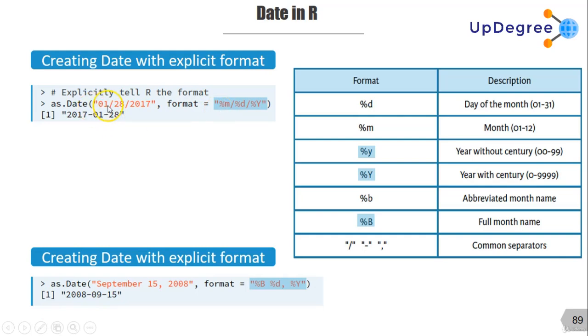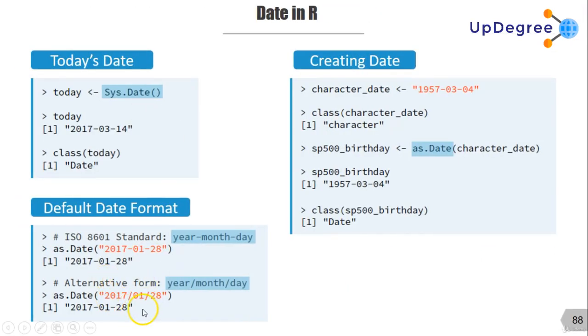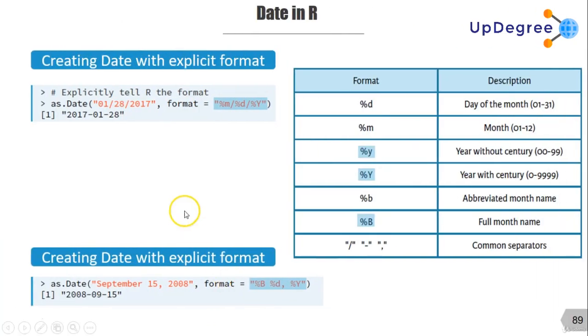Suppose right now this is 01/28/2017, which is different from the earlier one. Earlier, if you see, it had year first, then month, then day, which was the default. But what if you now have month, then day and then year?